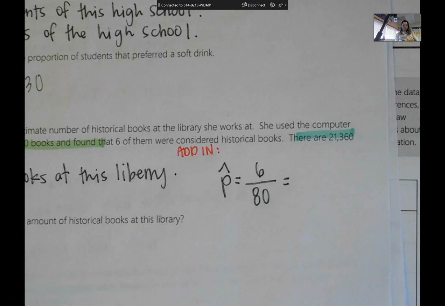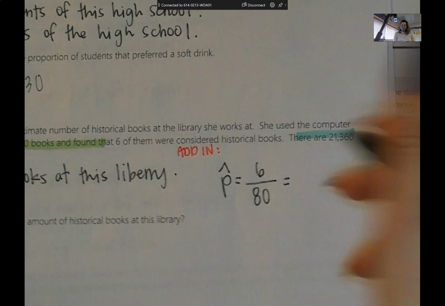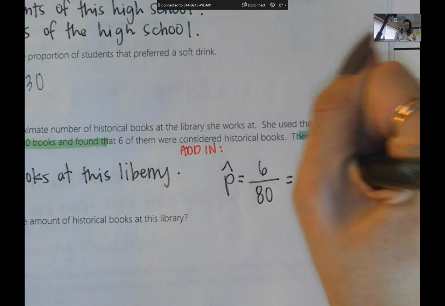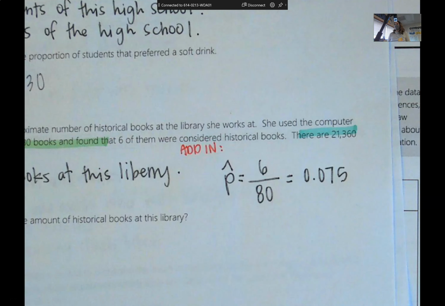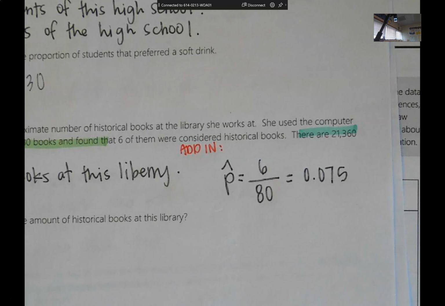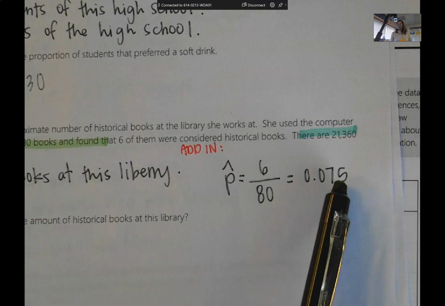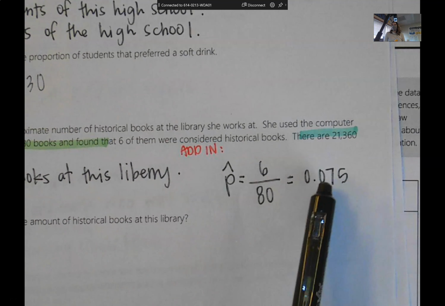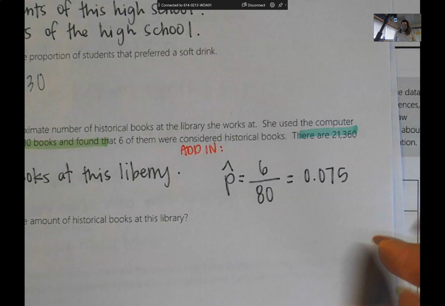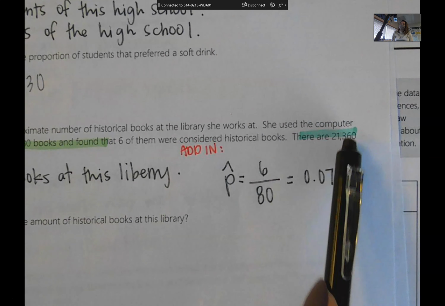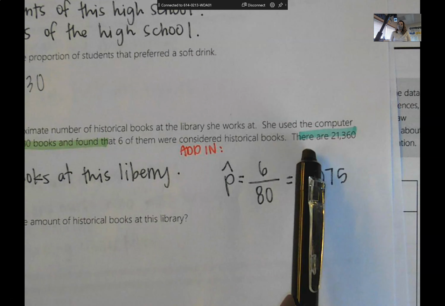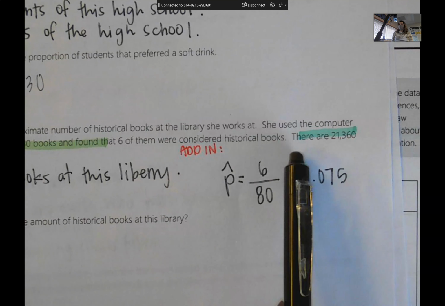6 divided by 80 gives us 0.075. So that's 7.5%. If we times this number by 100, we get 7.5%. So that means 7.5% of this 21,000 books is probably historical.